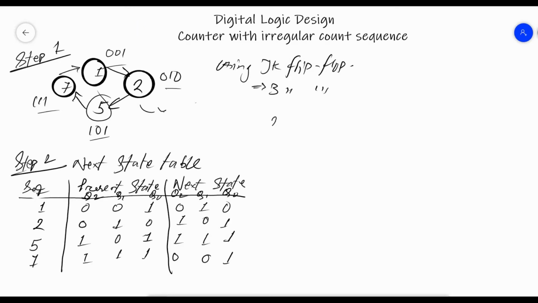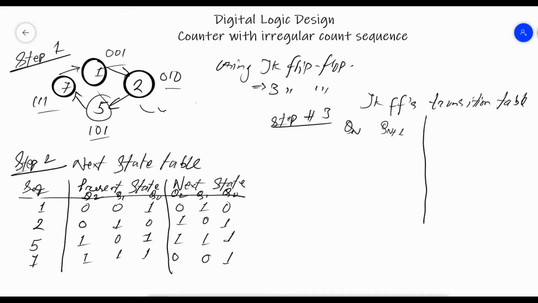Now in step 3 we need the JK flip-flop transition table. So Qn, which is the present state, and Qn plus 1 is the next state, and on the right side we'll keep the flip-flop inputs.